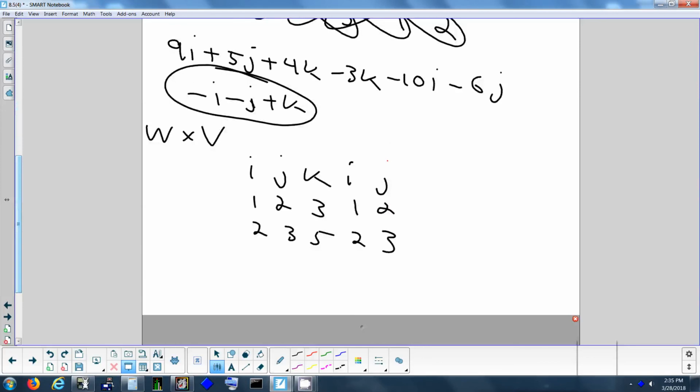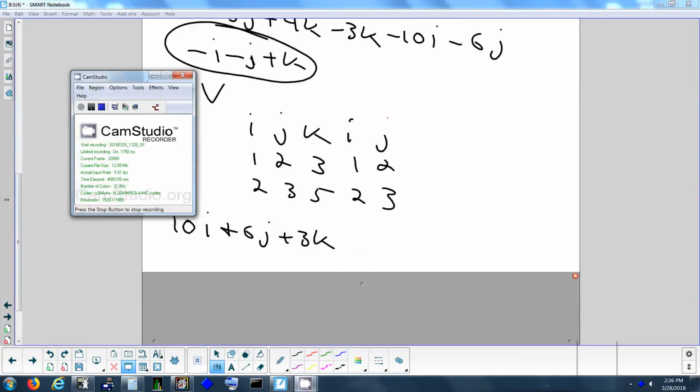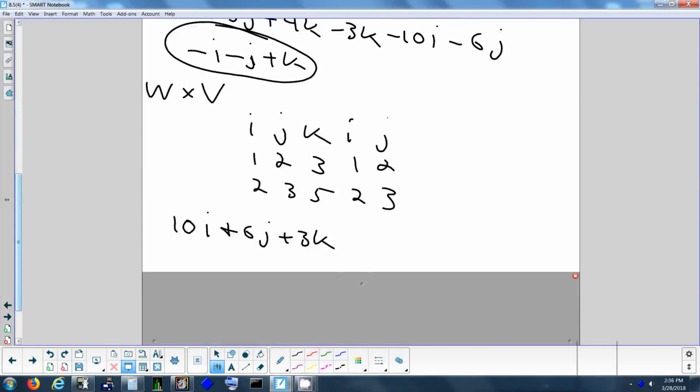I2 5 would give me 10i. J3 2: 6j. K1 3: 3k. Now the next ones, we want to make sure we remember to subtract. K2 2: minus 4k.